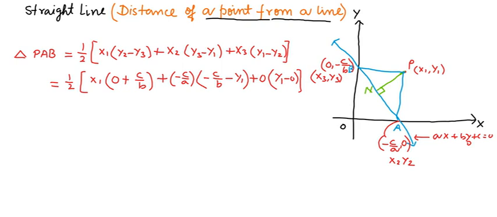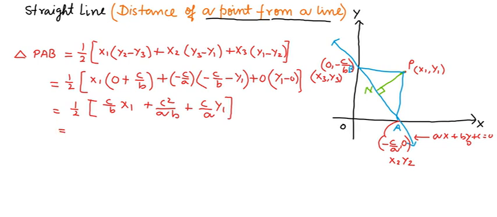So you will get 1/2 (C by B x1 plus C square by AB plus C y1 by A).